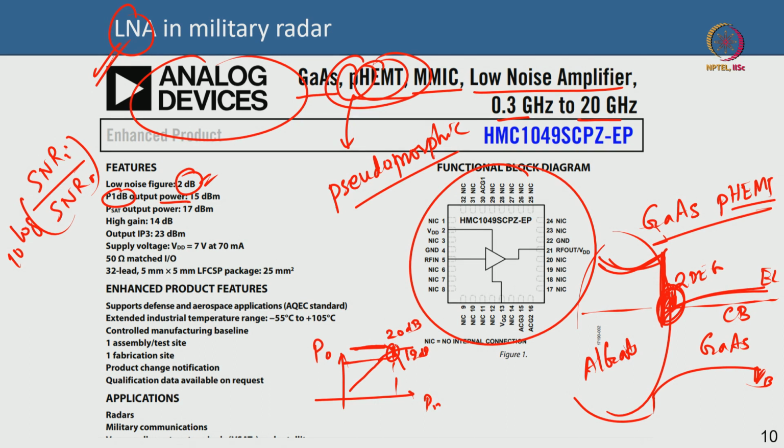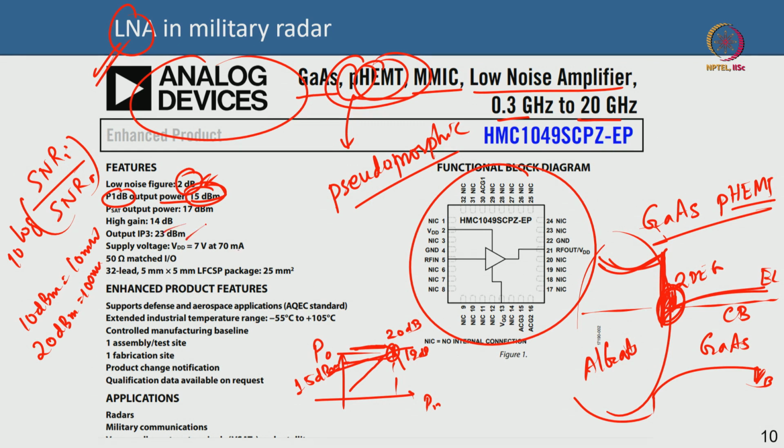At that point the output power is 15 dBm. That means you have 15 dBm output power; 10 dBm is 10 milliwatt and 20 dBm is 100 milliwatt. So this device is somewhere between 10 to 100 milliwatt, maybe 20 or 30 milliwatt, you can calculate exactly. So that's it here.